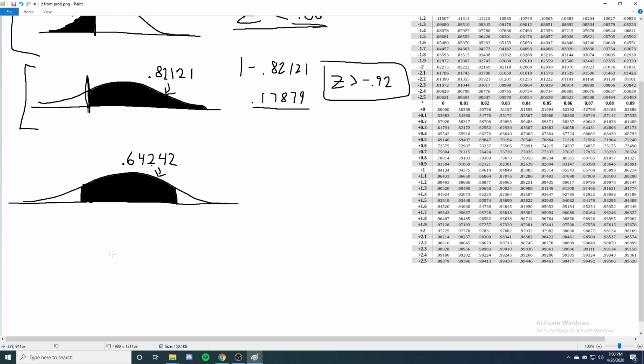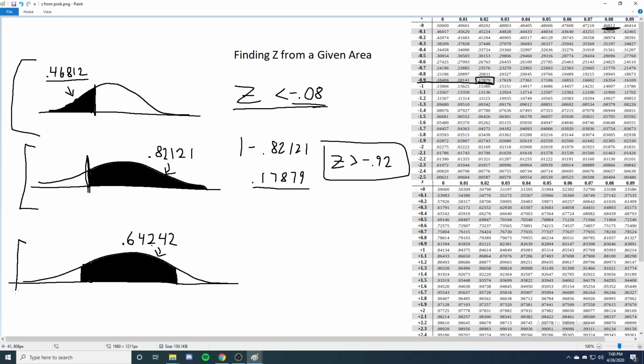Now finally, we've got an area that's in the middle of the distribution here. Let's just pretend that these two empty spaces are equal to each other in area. I know that they don't look like that at all, but let's just pretend. If this is a symmetrical area that totals 0.64242, we can look at it in two chunks.